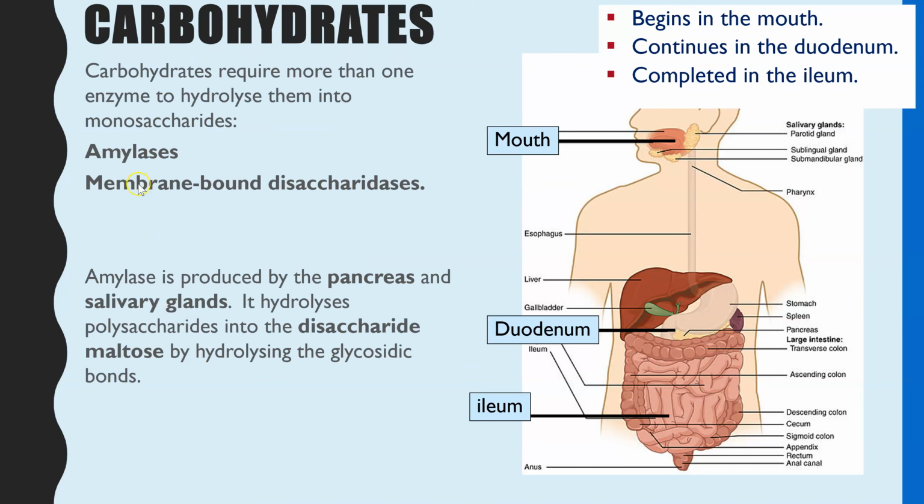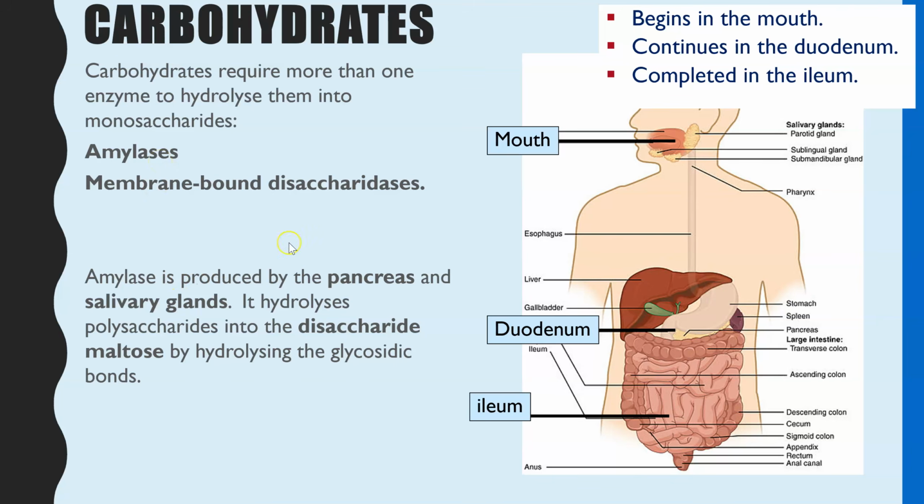So the two enzymes that you need to know about are amylases, and these are all different types of amylase enzymes, and membrane-bound disaccharidases. And you'll notice that pretty much all enzymes end in ASE. So if you do ever see a name ending in ASE in biology, it means it's an enzyme.